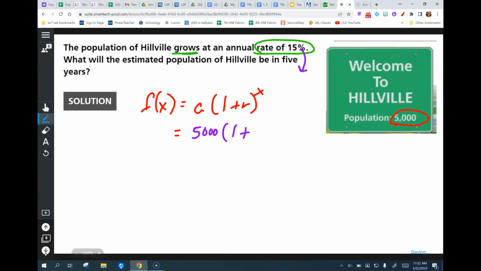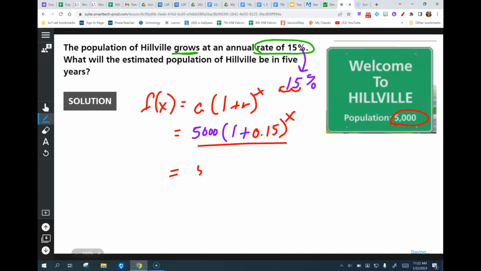Now you'll remember, if I have a percent, I have to change it to a decimal. Remember a percent always looks bigger. Decimals and percents are equal, but a decimal always looks smaller, percent looks bigger. So it's going to be 1 plus 0.15 and then to the x power. That's what your function is going to look like. So this is your growth function.